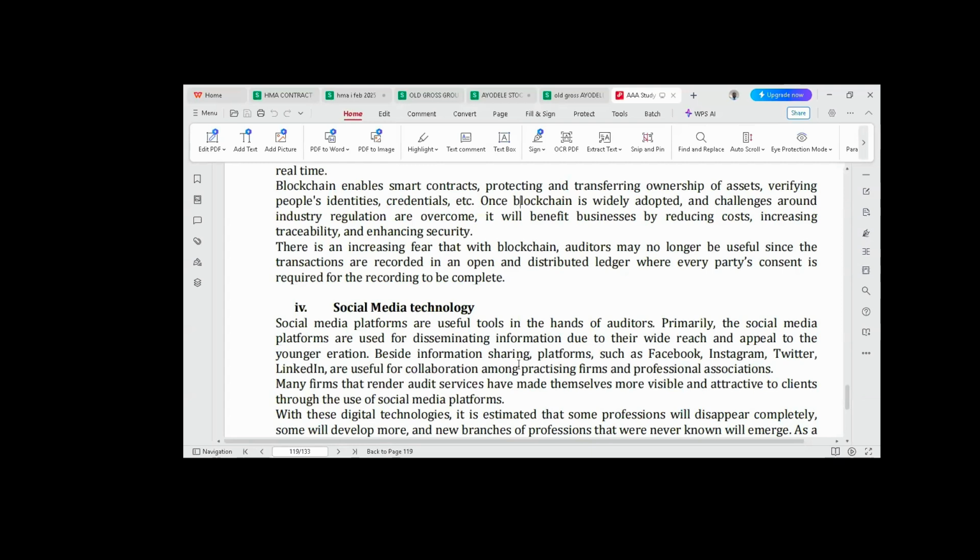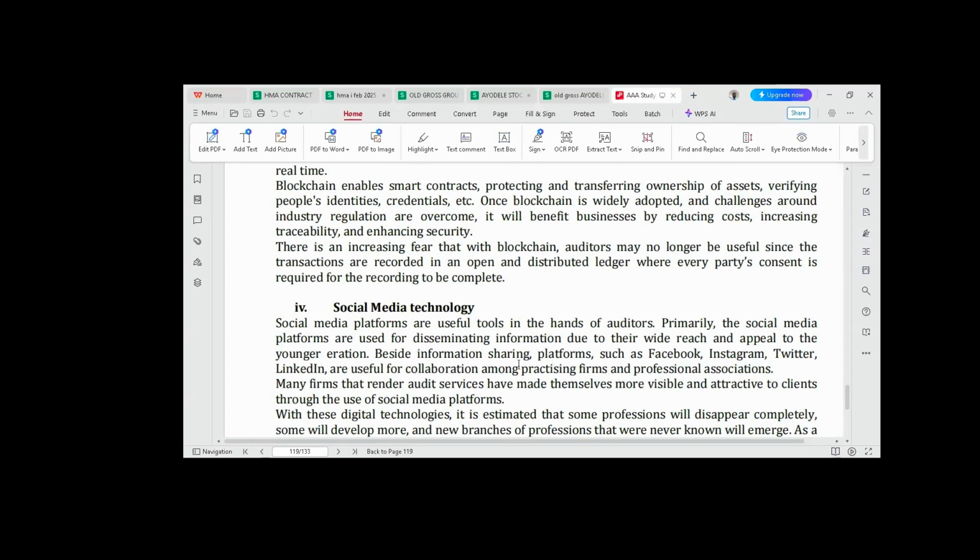But you agree with me now that all the audit firms and even the clients have added social media handles to their addresses. Before now, you would see Deloitte and so on, but most times now you see Deloitte with their social media and a hashtag. You see what you call hashtag there.